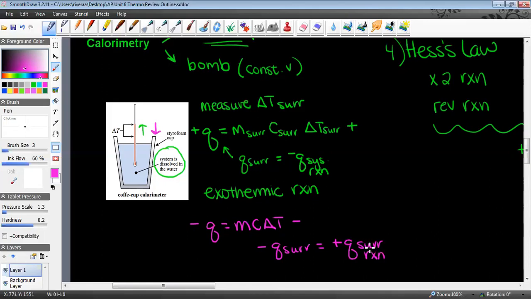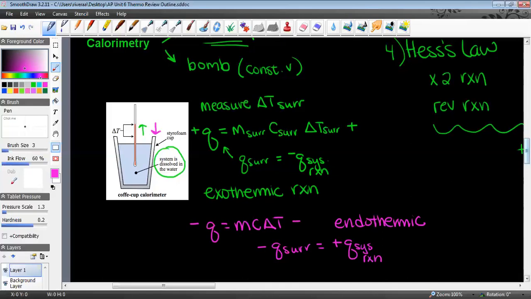So you'd have a positive Q for your reaction. Oh, I just wrote surroundings twice. Whoopsies, I meant system. Positive Q of your system, which is your reaction. And this scenario would be an endothermic reaction. The water is getting colder because the heat that that water has is going into breaking apart those bonds in that endothermic reaction.